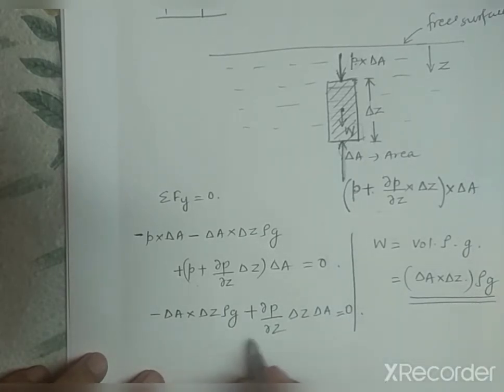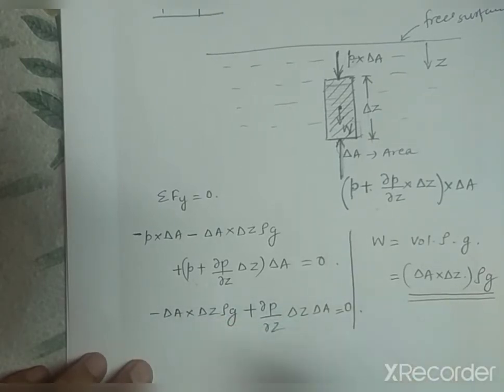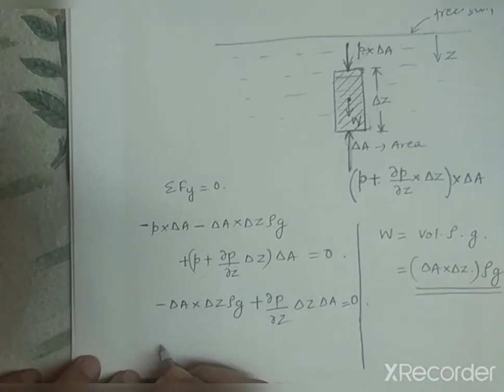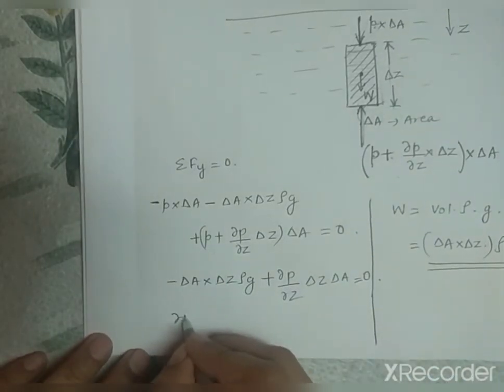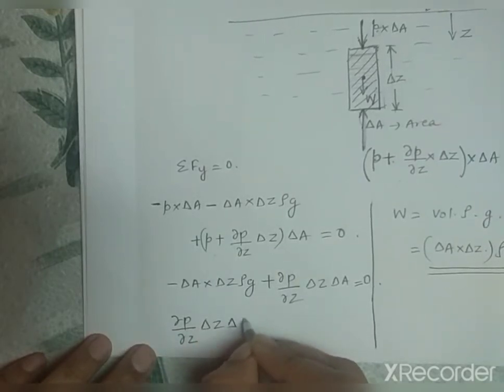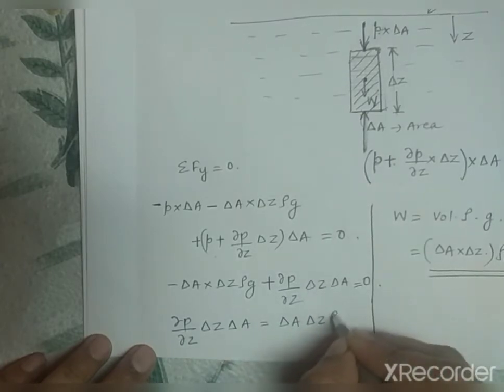Taking one term to the right hand side, dou P by dou Z into delta Z into delta A is equal to delta A delta Z rho g.